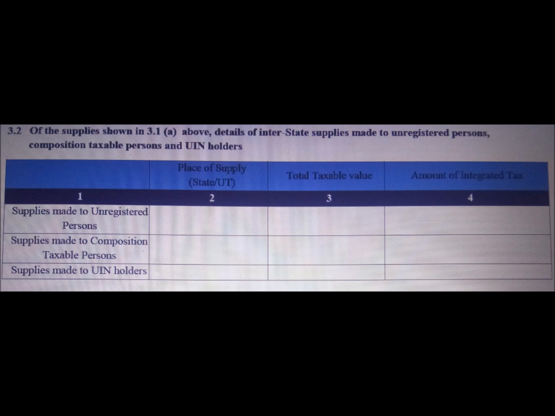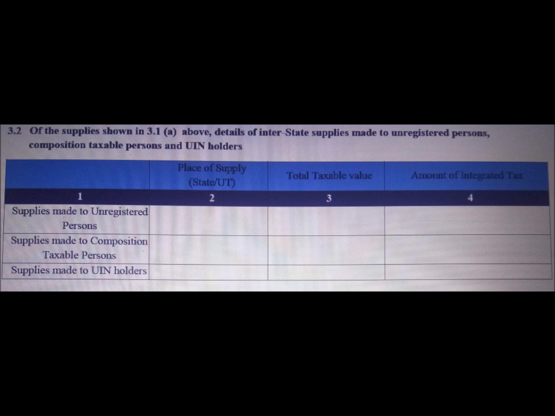So, in case we do not give place of supply or we do not display it in table 3.2 of GSTR 3b, it amounts to contravention of section 17 subsection 2, which deals with apportionment of IGST between central government and states.